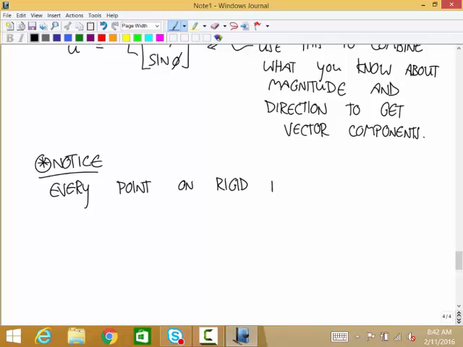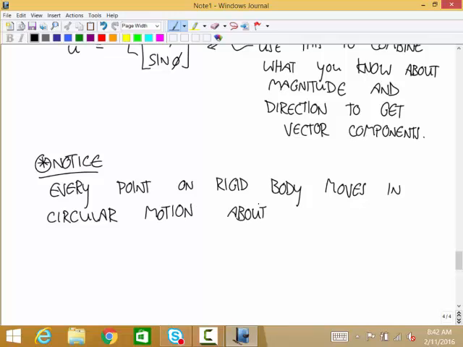So every point on a rigid body moves in circular motion about a hinge. So these circular motion problems a lot of times come naturally from motions of rigid bodies, where you're trying to figure out the velocity and the acceleration of some point on a rigid body.